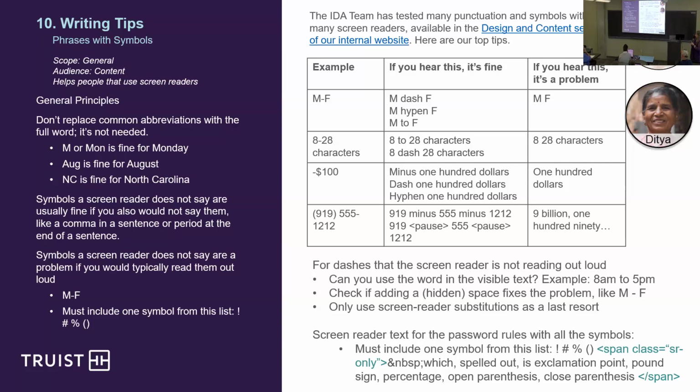But on these, they're characters that are very important. So 8 to 28 characters, right? So this is picking usernames, picking passwords. Again, I don't care if it says to or dash, but I do want it to say something. That minus 100, dash 100, hyphen 100.